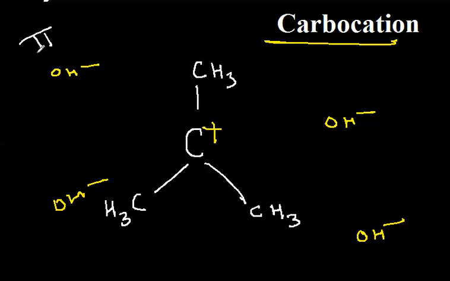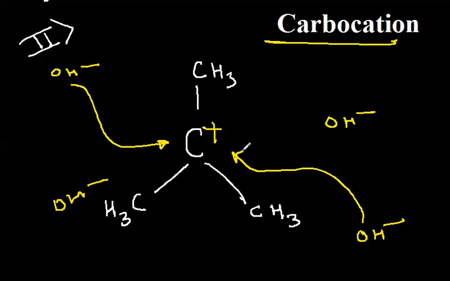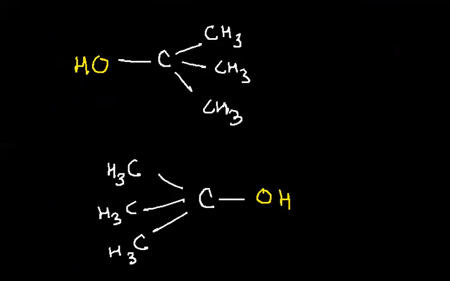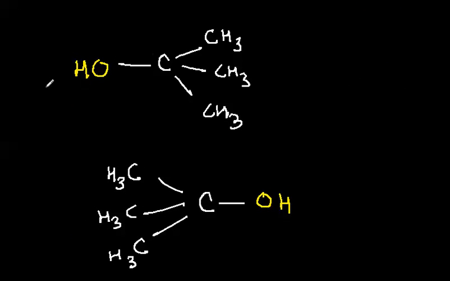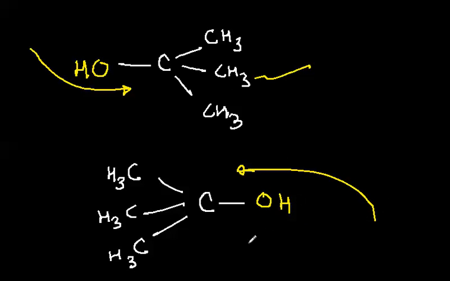So this is our second step, and here this nucleophile can approach our carbon, which is positively charged, from either side, either from this side or this side, and you can get two types of product. I'll just show you the products. If the OH is approaching from the left side, you're going to get this product, and if it's approaching from the right side, you're going to get this product.